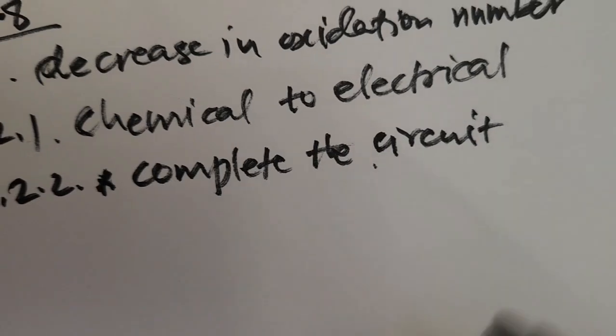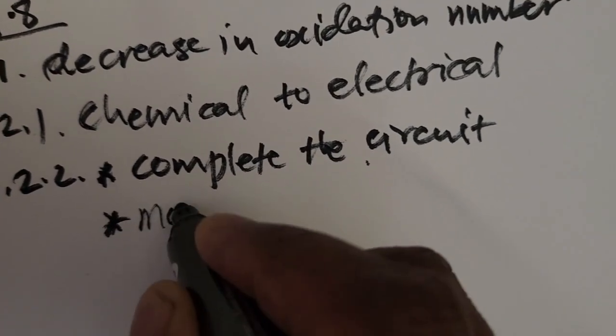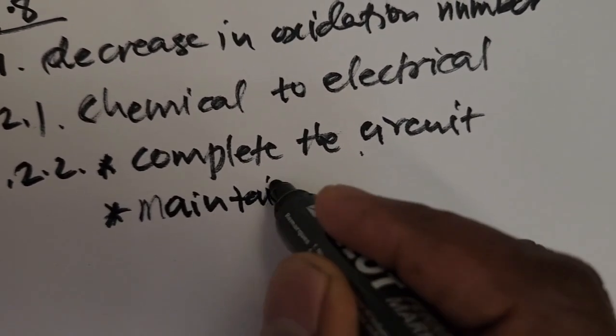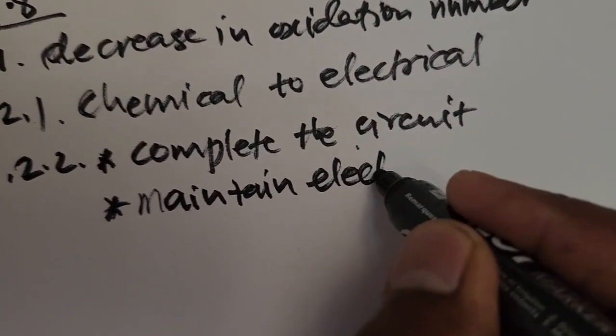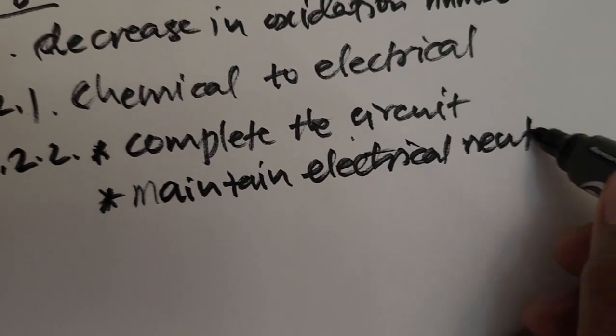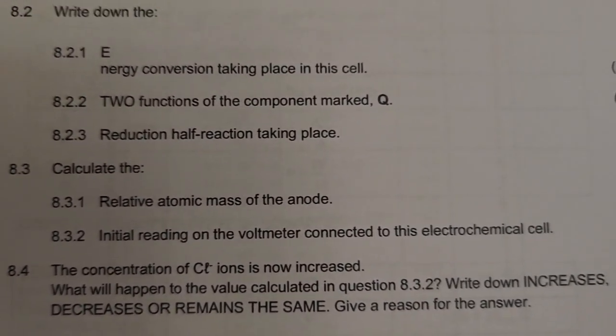Complete the circuit. And then number 2, very intelligent, will be to maintain electrical neutrality. Very important.